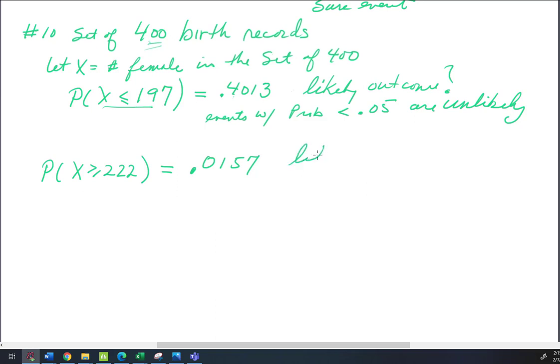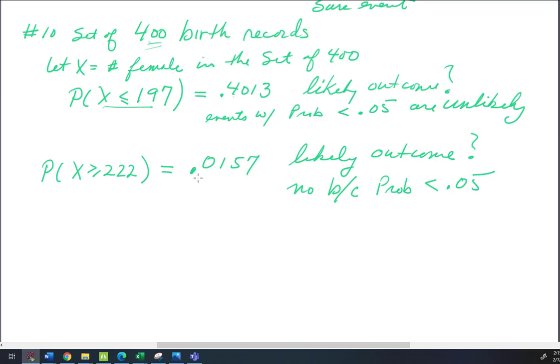Well, I hope you were respectably close. Would you call this a likely outcome? To get 222 or more female births out of these 400, is that a likely outcome? And the answer is no, because the probability of this outcome is less than 0.05. And so we'd say, no, this is a pretty small probability. It's not likely that that's going to happen.